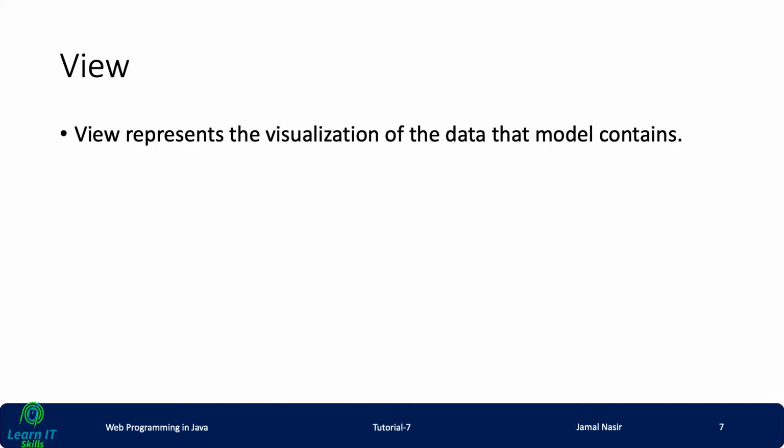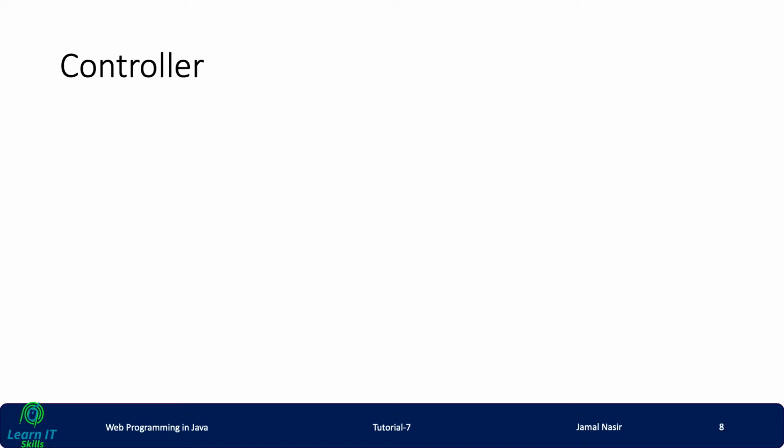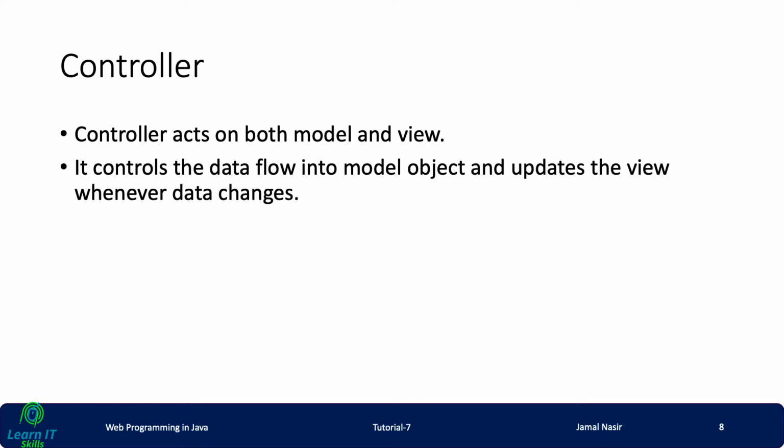Then view represents the visualization of the data that model contains. Controller. Controller acts on both model and view. It controls the data flow into the model object and updates the view whenever data changes. It keeps view and model separate, right?